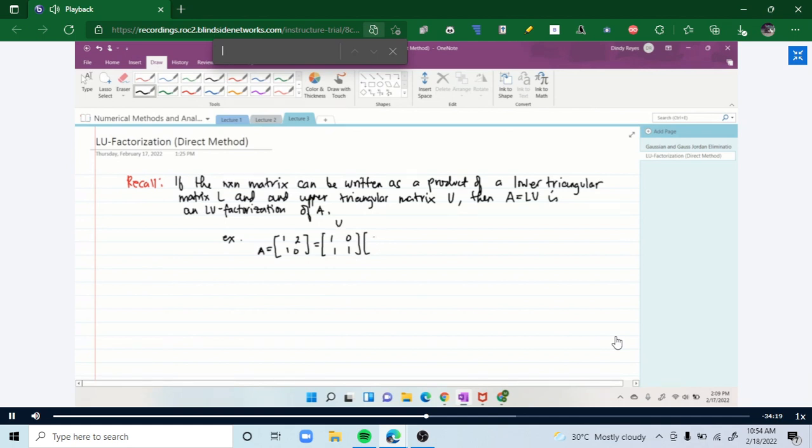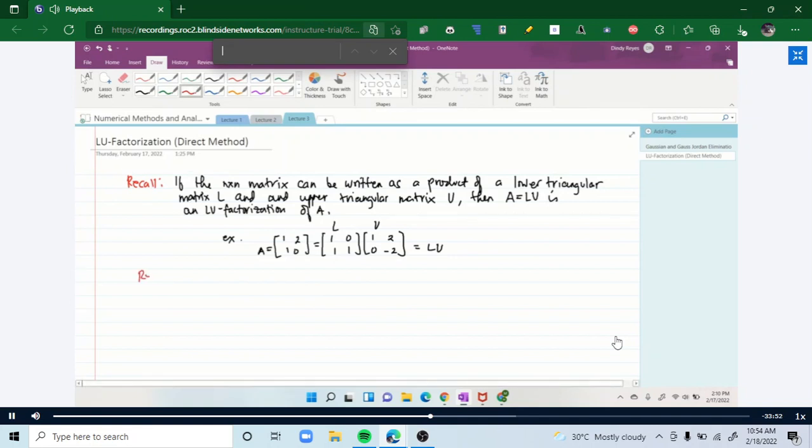And the upper triangular matrix U has entries 1, 2, 0, negative 2. Lower, upper. So this is the LU factorization of A. Now you have to learn how to get L and U in this lesson.